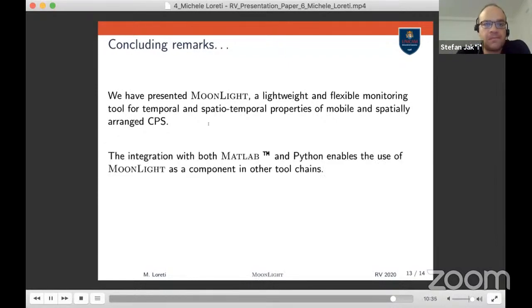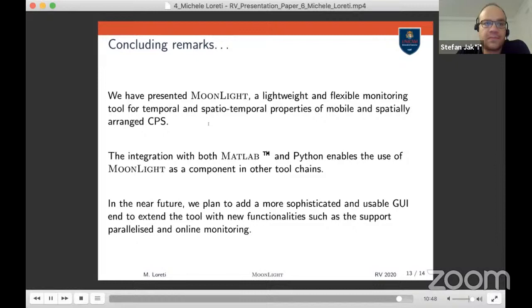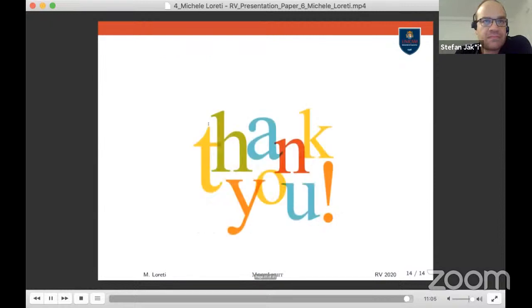The integration of Moonlight with MATLAB and Python enables the use of our tool in other tool chains, and this is an important feature. In the future, we plan to add more sophisticated and usable graphical user interfaces, and to extend the tool with new functionalities, such as the support of parallelized and online monitoring.